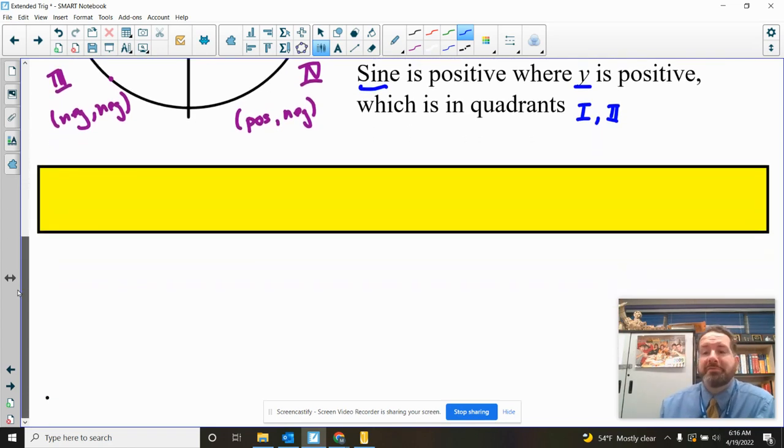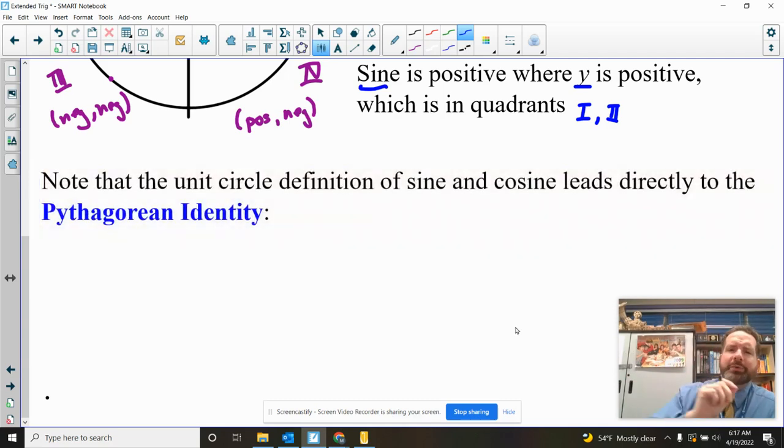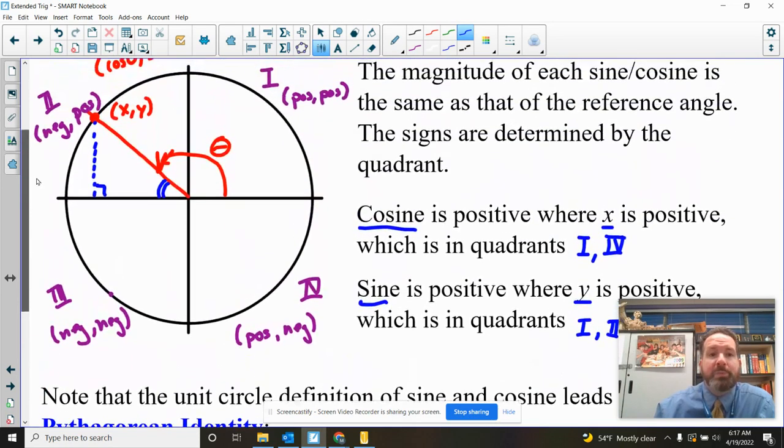Now there is one final bit here that I want to include with this unit circle discussion, and then we'll wrap this recording up. A direct consequence of defining the sine and cosine the way we have in the unit circle is what's called the Pythagorean identity. And it looks a little bit like this. When you put an angle, let's use this theta again as an example, in the unit circle, you always get a right triangle.